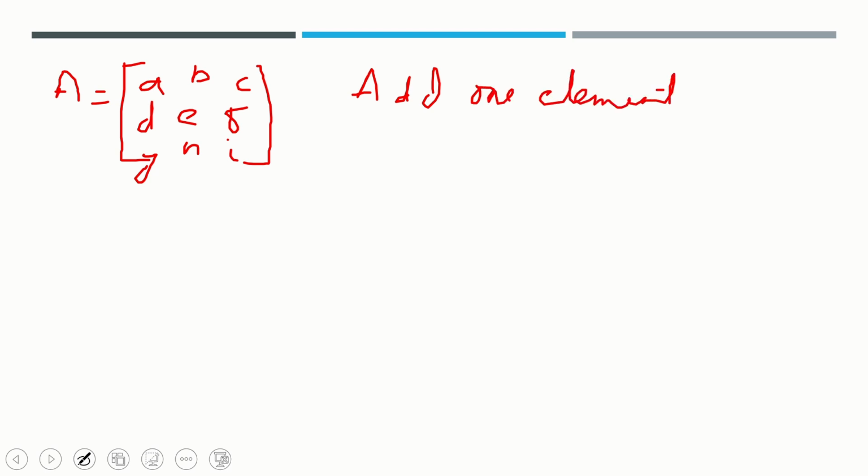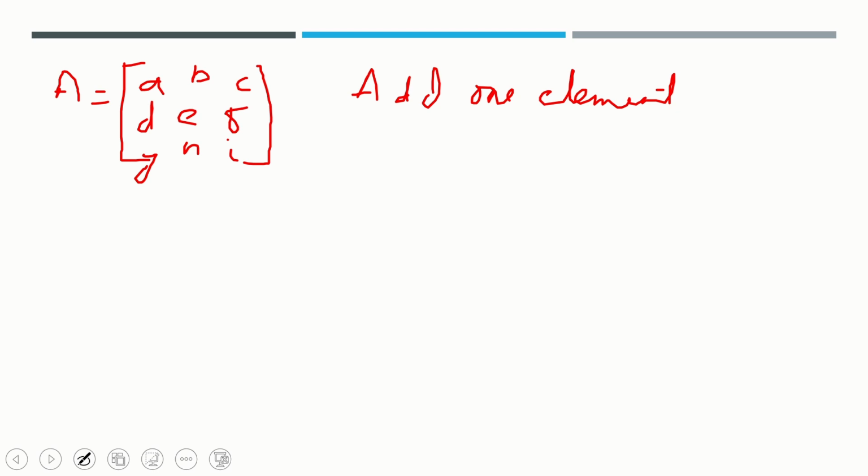Up to now, for your understanding, I was saying integer, real number, rational number, but from now on I will just call it an element.